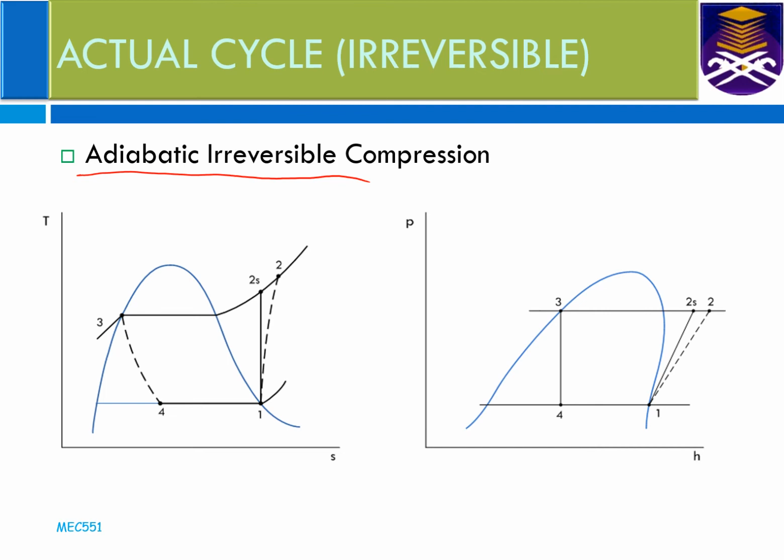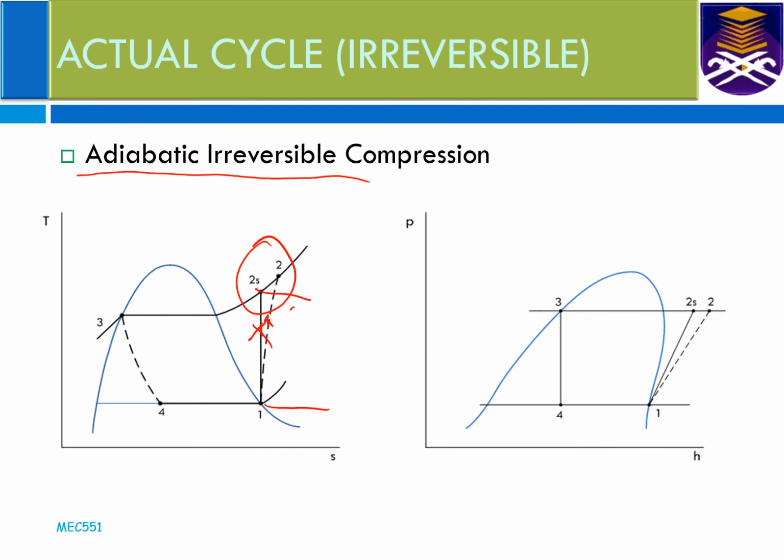So the losses of the part or component will generate entropy. Thus your compressor power required will be larger than the isentropic compressor for the process.